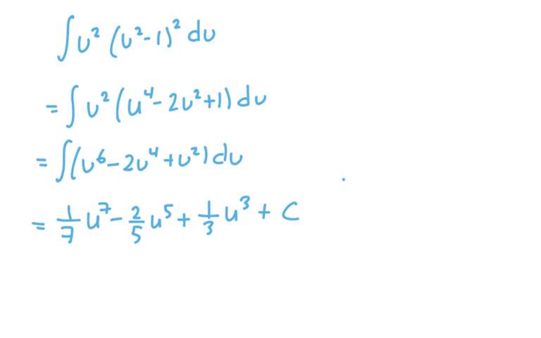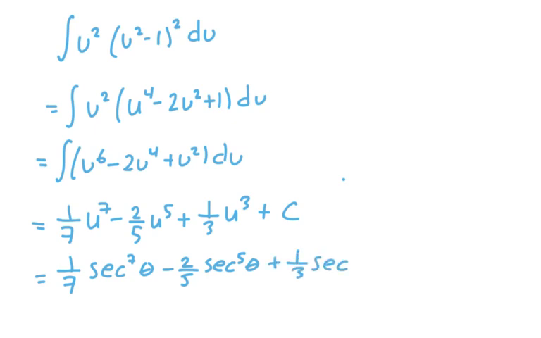But what was u? U is secant theta. So we get 1/7 secant to the 7th theta minus 2/5 secant to the 5th theta plus 1/3 secant cubed theta plus c.